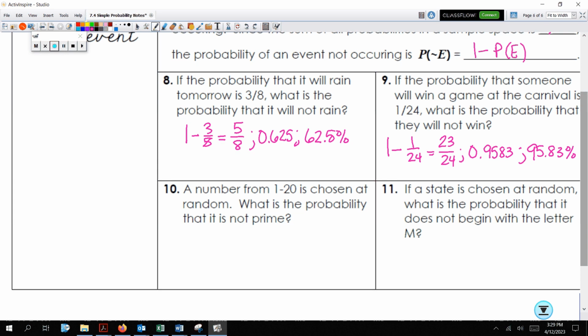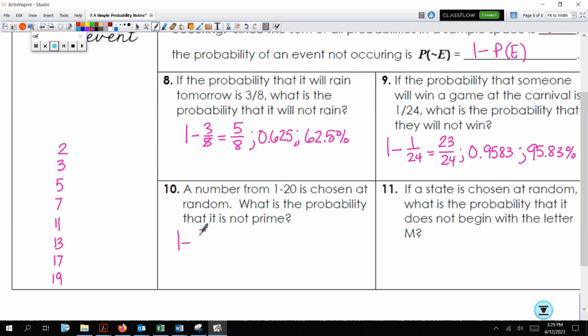All right, number 10, a number from 1 to 20 is chosen at random. What is the probability that it is not prime? All right, from 1 to 20, the numbers that are prime are 2, 3, 5, 7, 11, 13, 17, and 19. That is 1, 2, 3, 4, 5, 6, 7, 8.